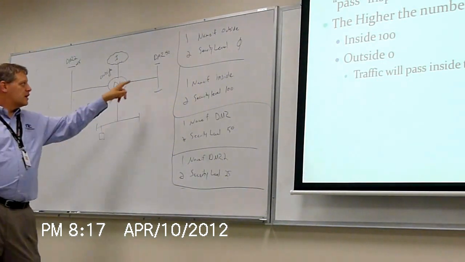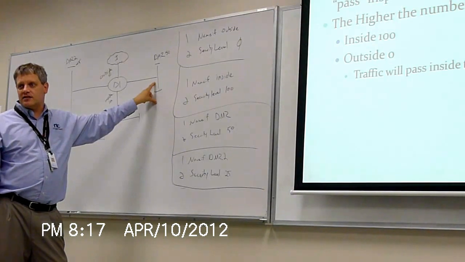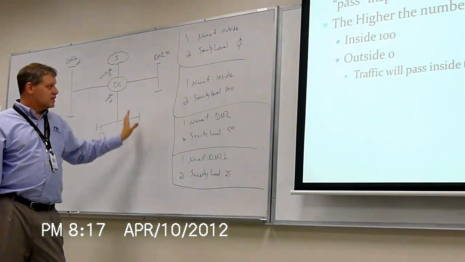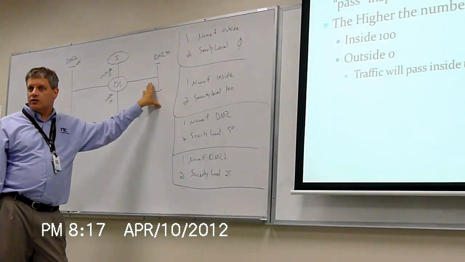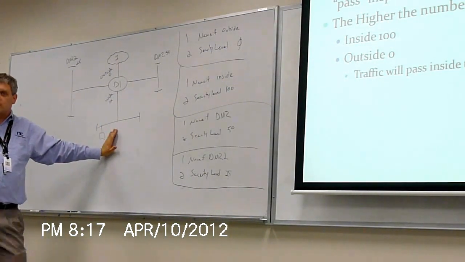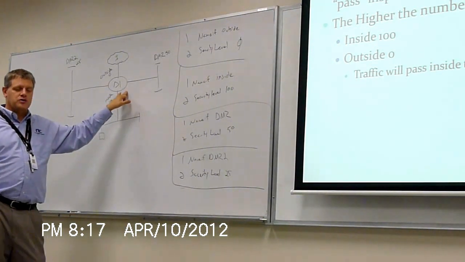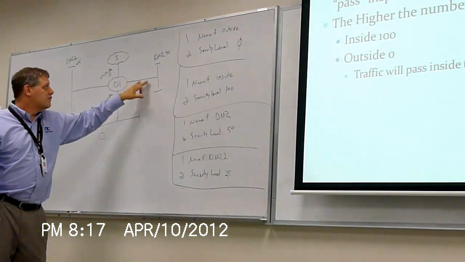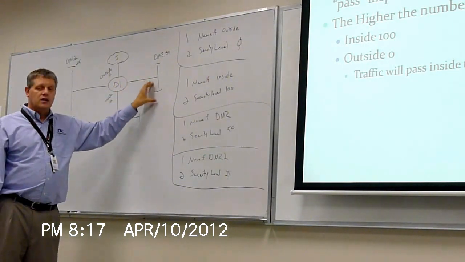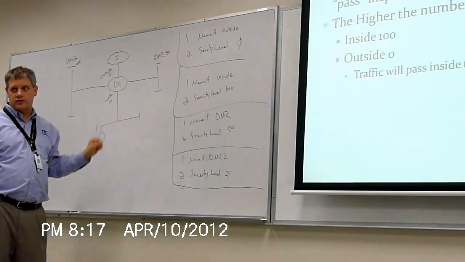Conversely, if I have a server on the DMZ and it needs to access something on the inside network, let's say I have an e-commerce server here, and I have a database server as a back end with customer information, I've got to create an access control list for that traffic to pass, because I'm going from a lesser secure interface to a more secure interface.